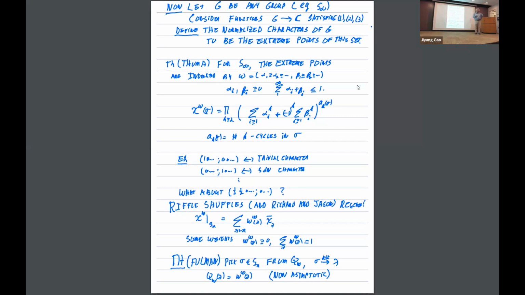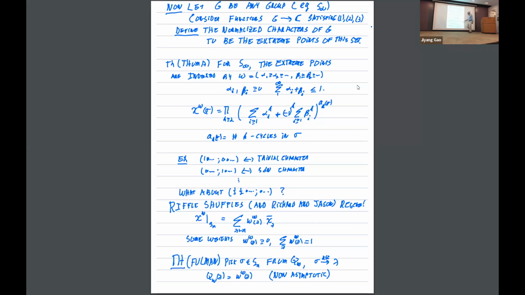So you can ask, can we understand those characters? Riffle shuffles and Richard to the rescue. Take the omega character. If you restrict it to Sn, it's a character of Sn now, so it's a linear combination of the normalized characters of Sn. So there are multiplicities or weights, weight of partition lambda of omega.